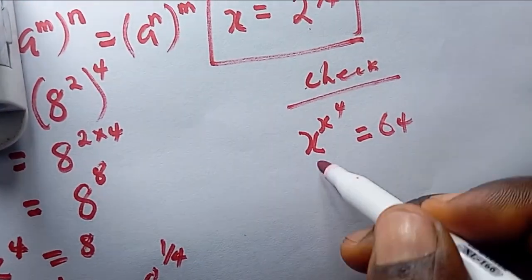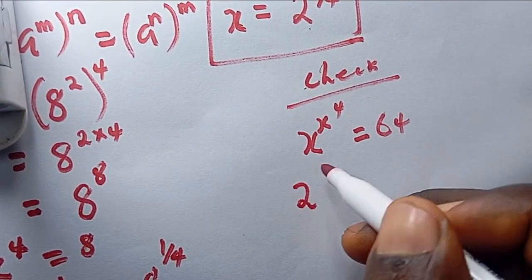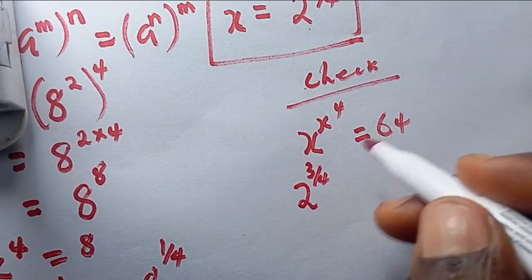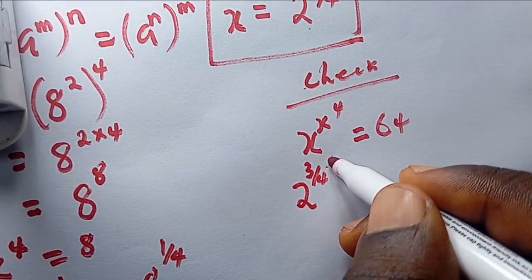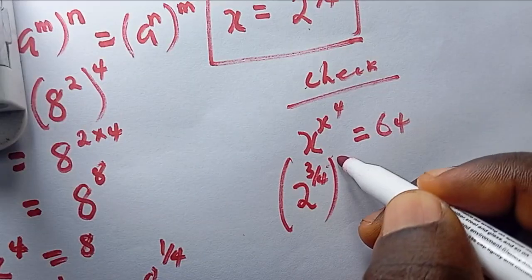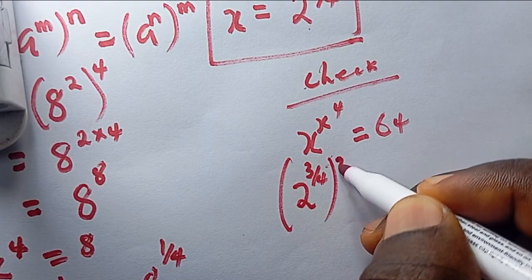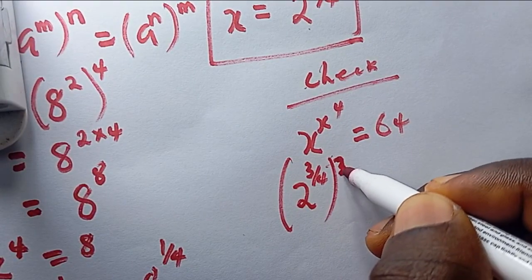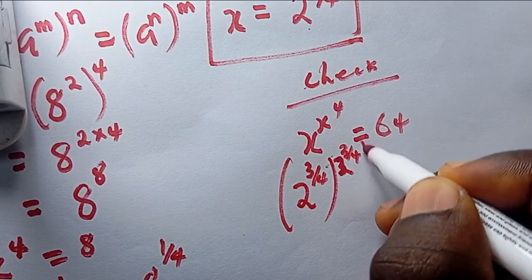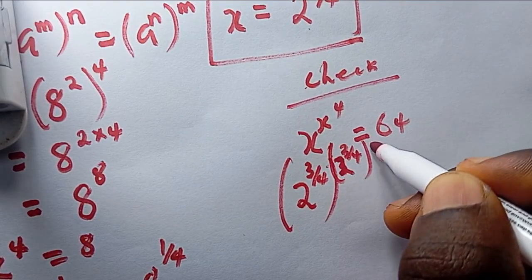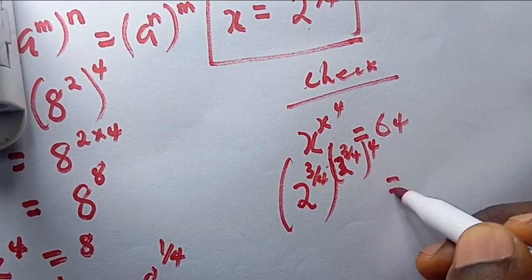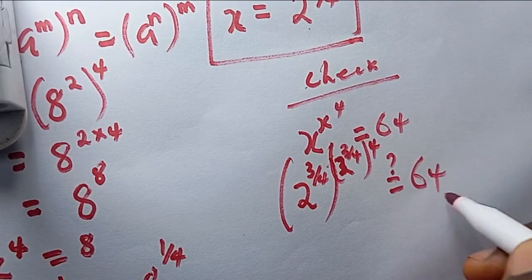Okay, so what we have is 2 power 3 over 4, raised to power 4. Will this be equal to 64?